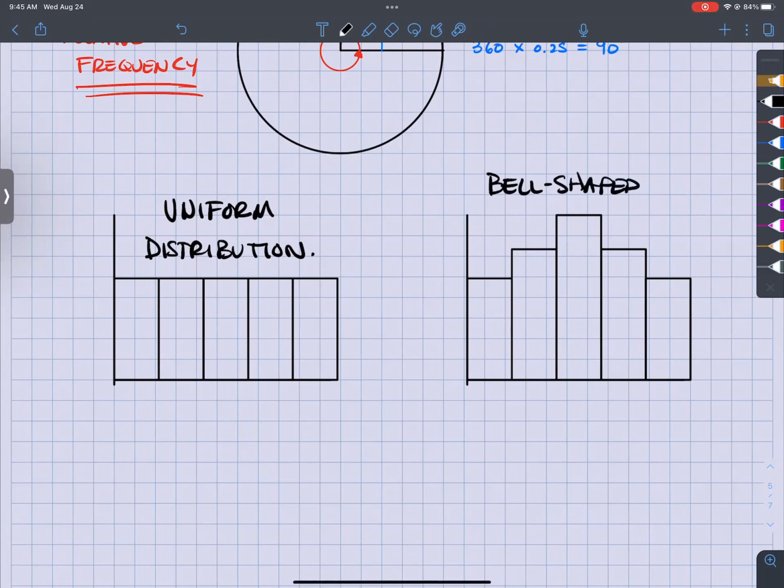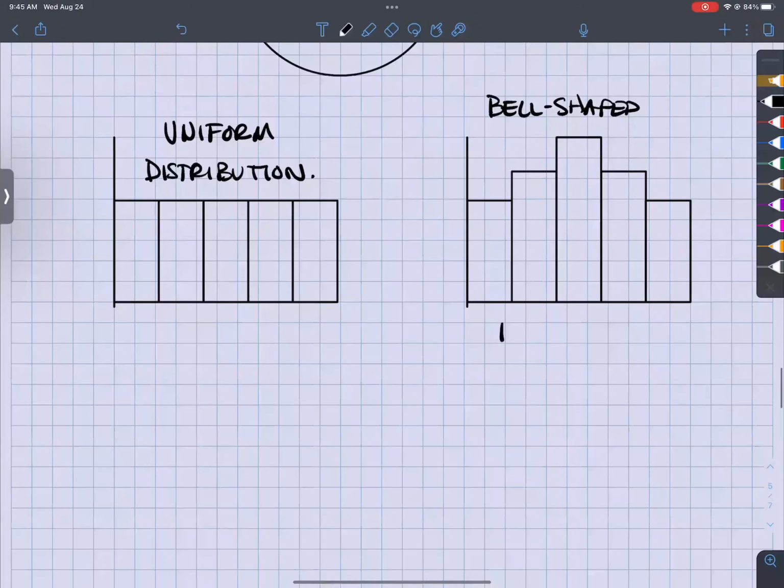This bell-shaped one, we usually call a normal distribution.